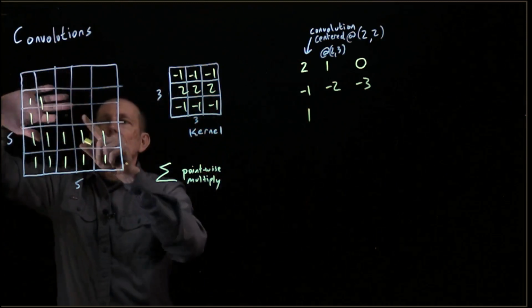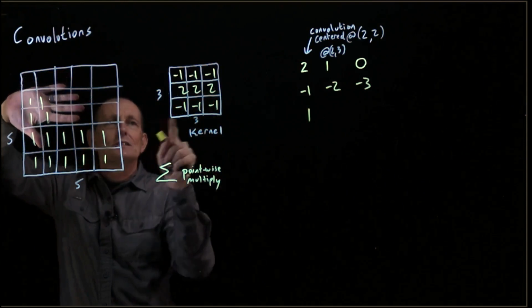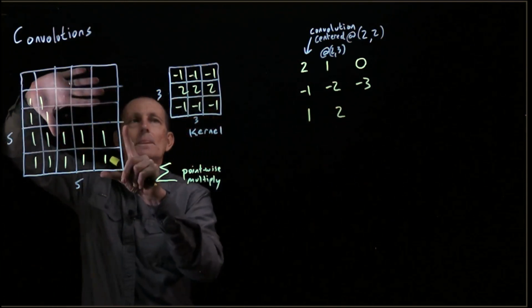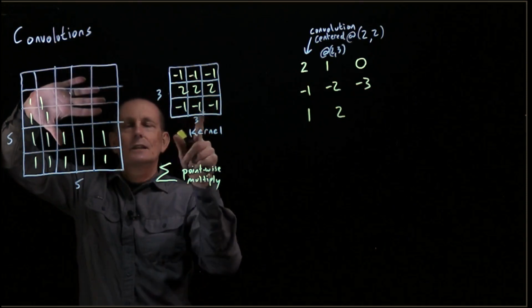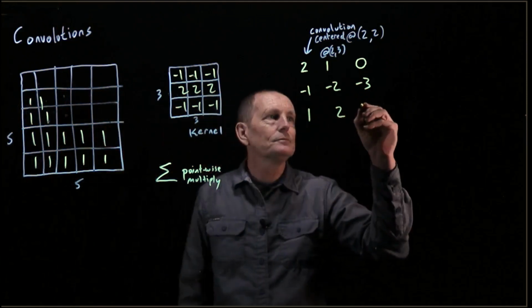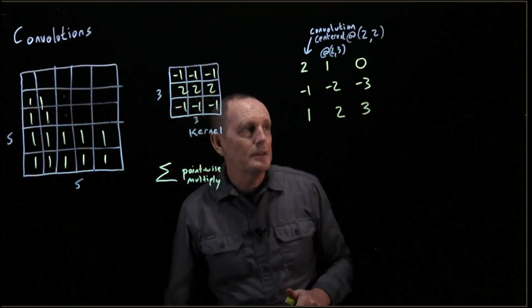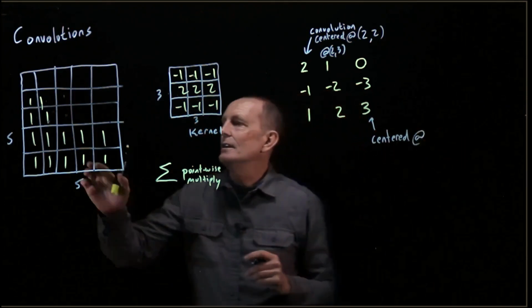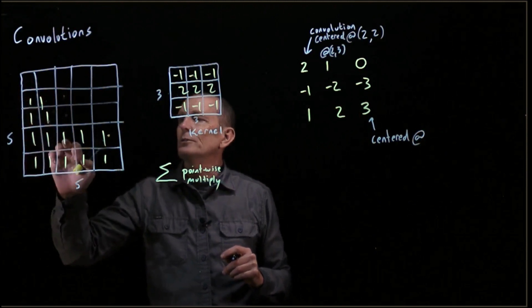Here, negative 1 plus 6 is 5, plus negative 3 is 2. And then finally here, zeros in the top row, 2, 2, 2 is 6, negative 1, negative 1, negative 1 is 3. And let's just look, for instance, that this 3 here is centered here at 1, 2, 3, 4, 1, 2, 3, 4.